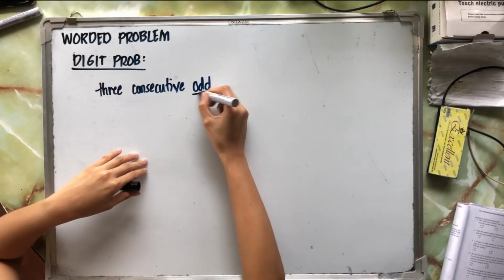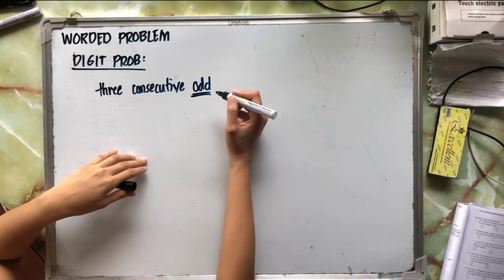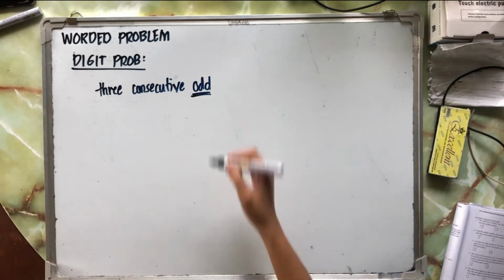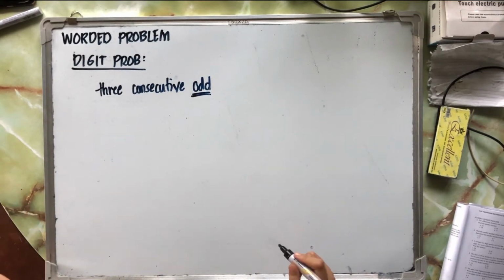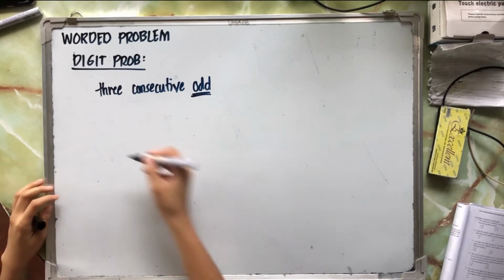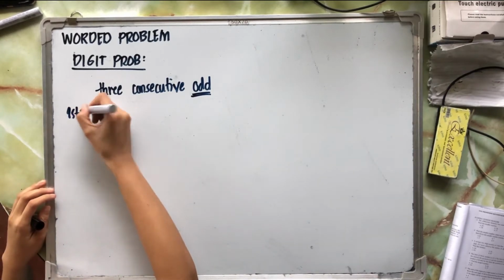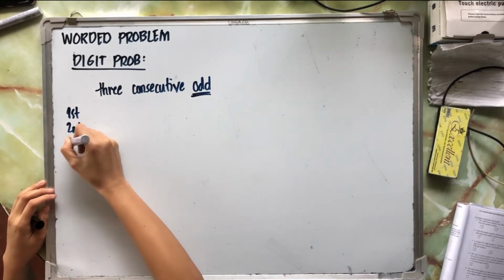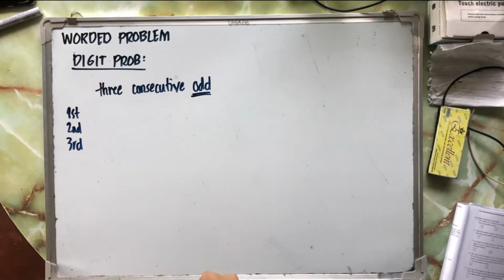Okay? Odd naman is not divisible by 2. Familiar kayo sa mga terms na yan. Okay? So, how are we going to represent these 3 consecutive odd numbers? Lagay natin, this one is the first, this one is the second, this one is the third.